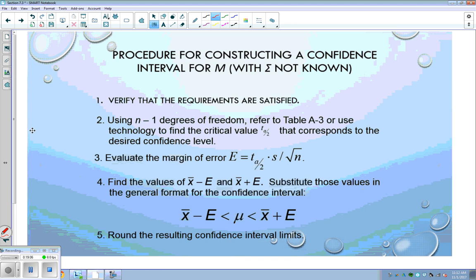Round confidence intervals as such. If you are given the sample statistics, what do I mean by sample statistics? If you're given the mean, you're going to round it to the same decimal point as the mean.